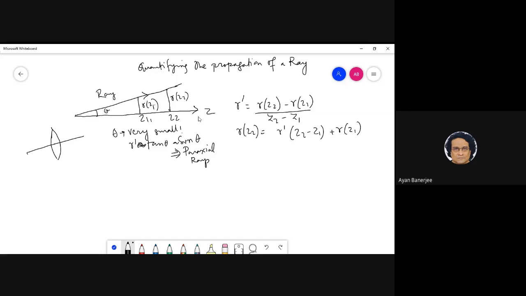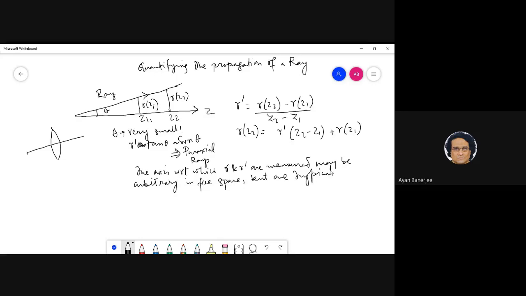So the axis with respect to which R and R dash are measured may be arbitrary in free space, but are typically the principal axes of lenses or mirrors.